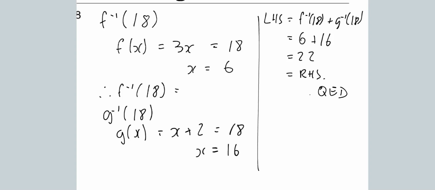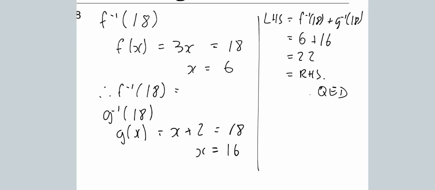Okay, so that's how you do that particular question. Well, that's one way you can do it. Now, everybody, I've never shown you that method, so I wouldn't expect anyone to have done that. Everybody did it by working out the inverse functions first, then substituting in, and then evaluating to 22. Some people did some funny things with the way they set out their working, but you got there in the end.